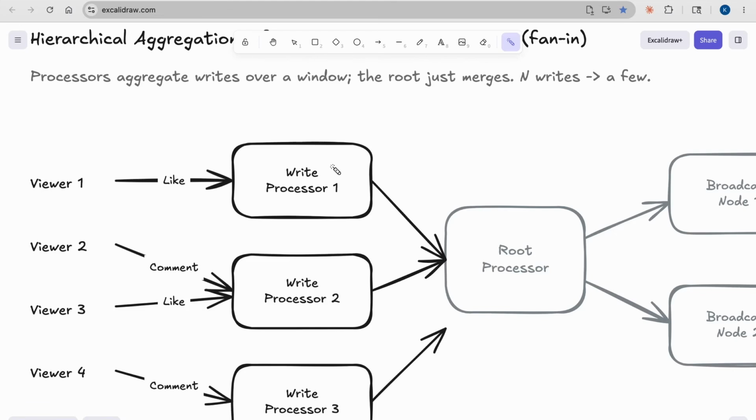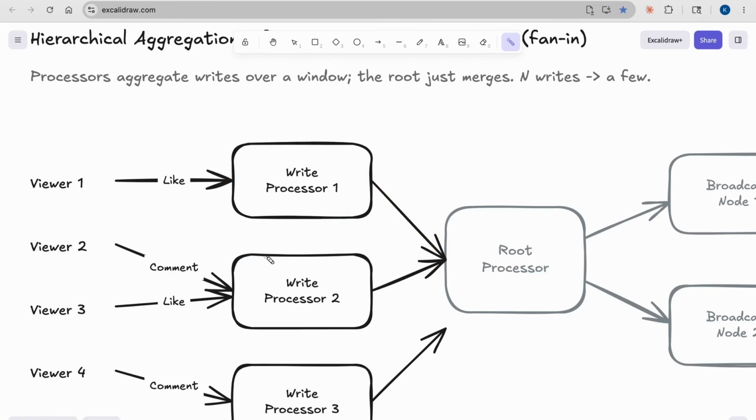If we choose based on the comment ID, then events for that specific comment will be written to a specific processor, and for another comment it might go to another processor. This way it knows which write processor to reach, handles it over a window, sends it to the root processor, which merges all of it and broadcasts accordingly.